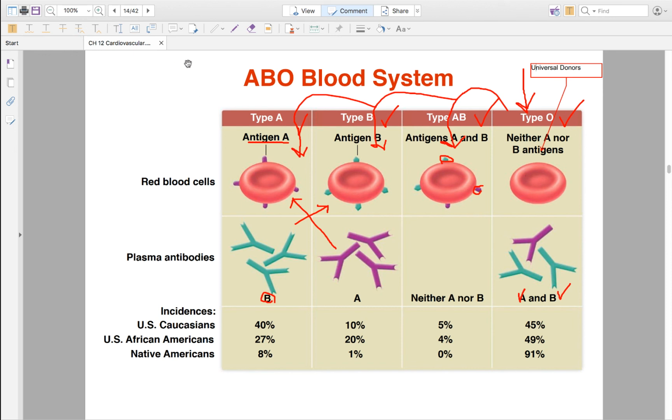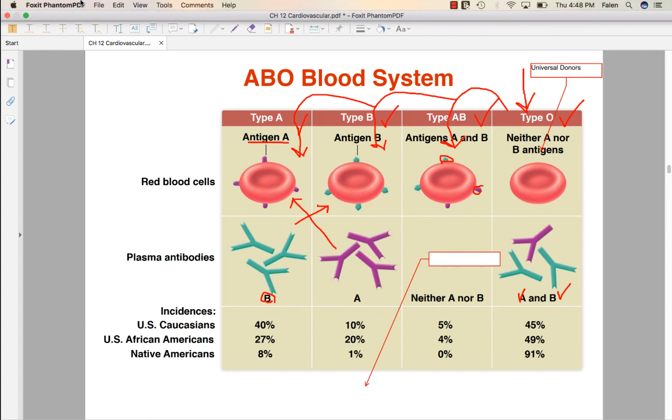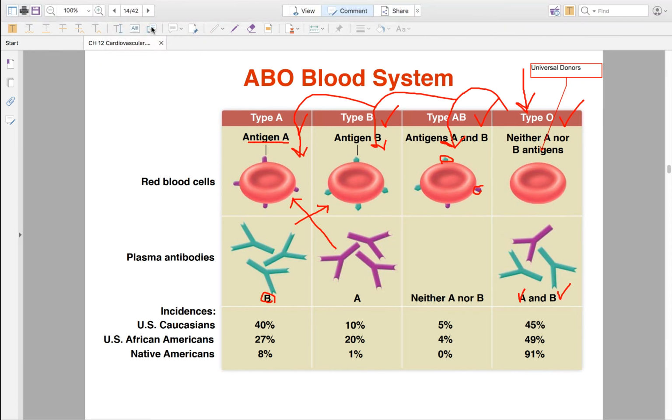What's interesting though is because of the fact that people with blood type AB don't have any antibodies, they are universal receivers.